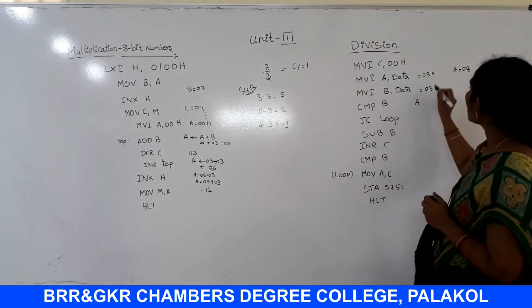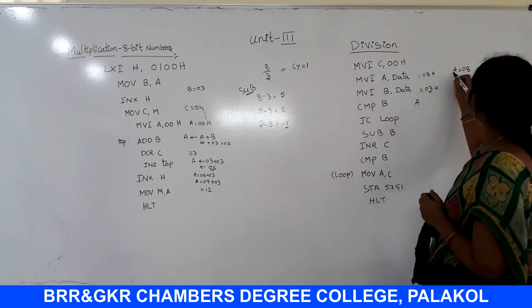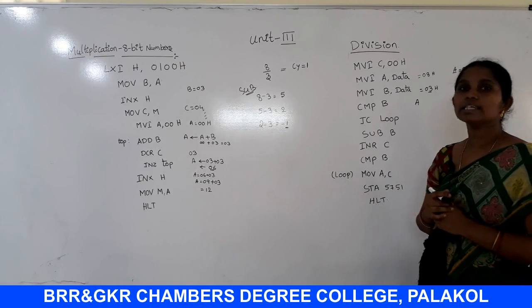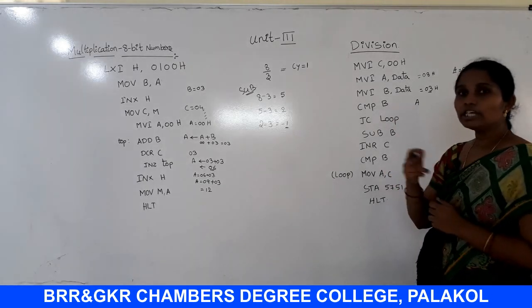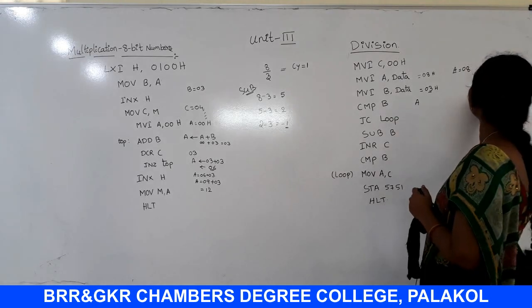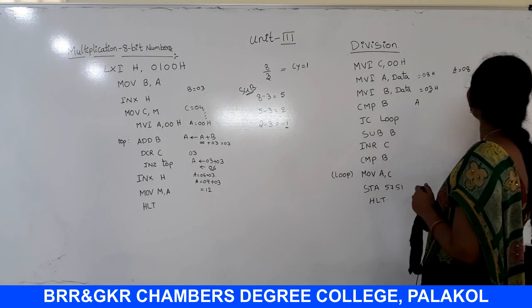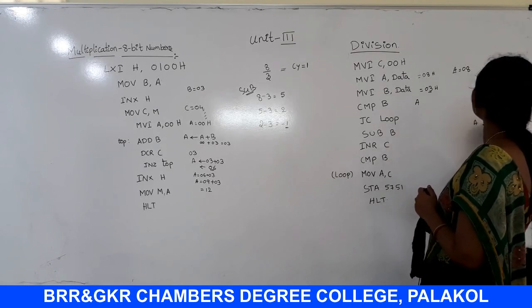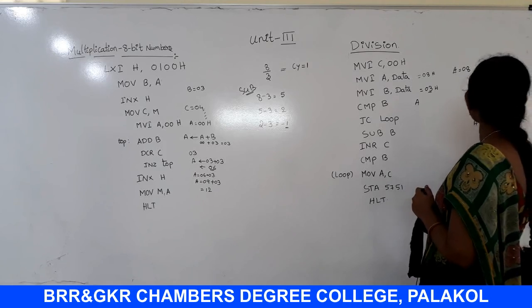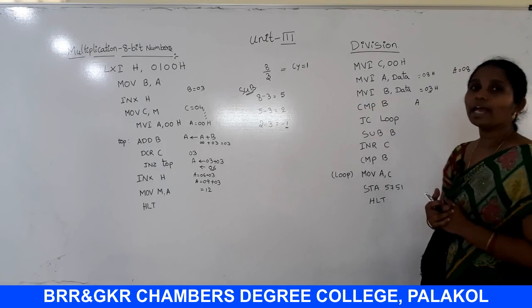The B register holds 3, and the A register holds 08. It will compare these two: A less than B, A greater than B, or A equal to B. Likewise this instruction compares A and B.